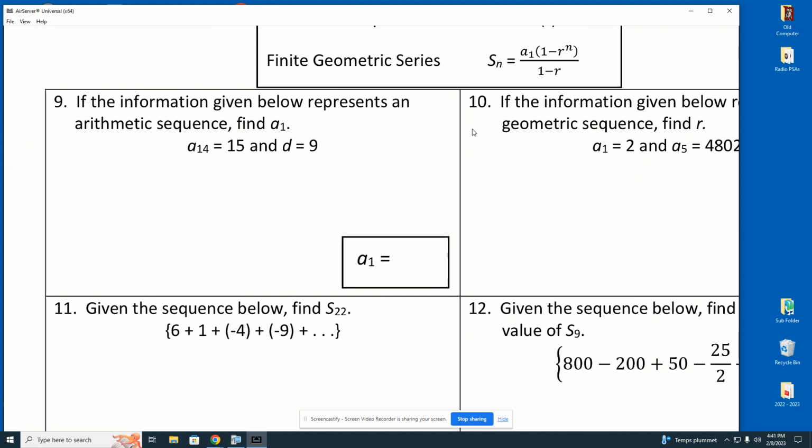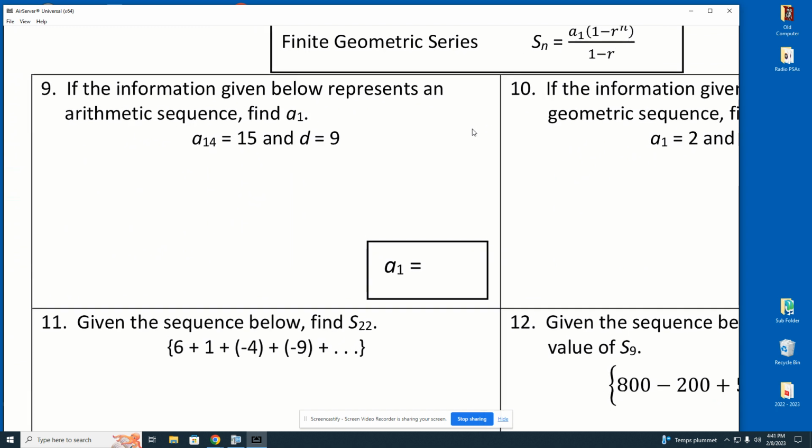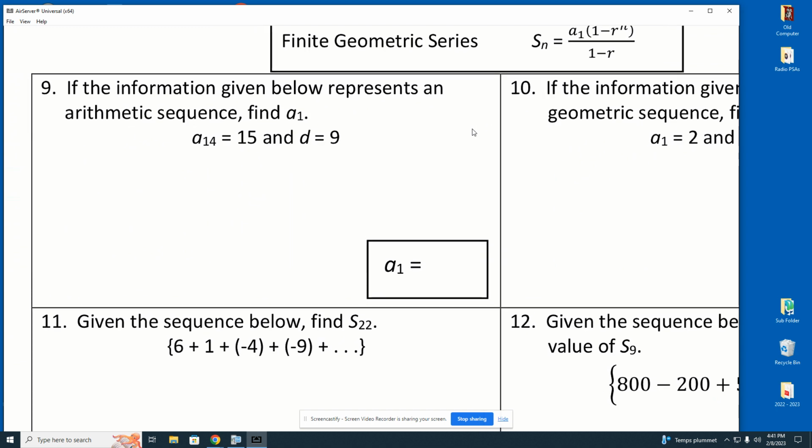If the information given below represents an arithmetic sequence, okay, so we know what we're dealing with here. We want to find a sub 1. So these are like those ones that we talked about. I know that I'm going to use my arithmetic sequence. And in this case, we're going to use a sub 14 in place of a sub n. So here's what I'm going to type.